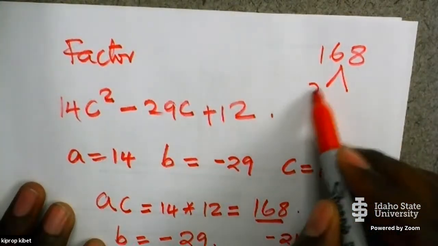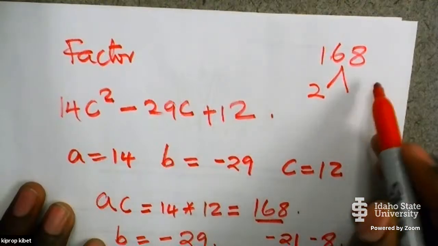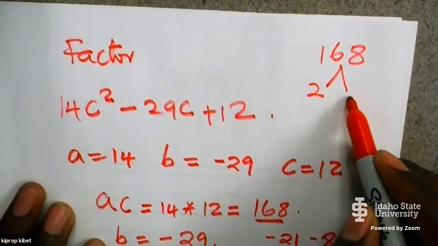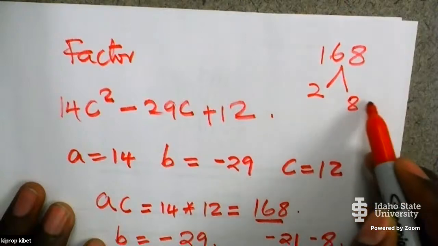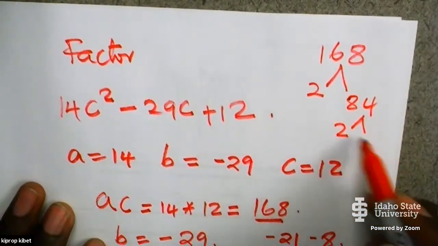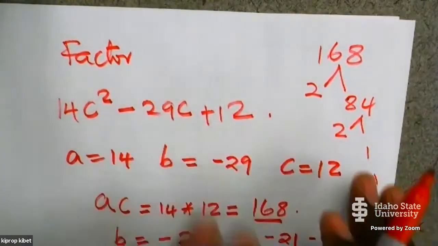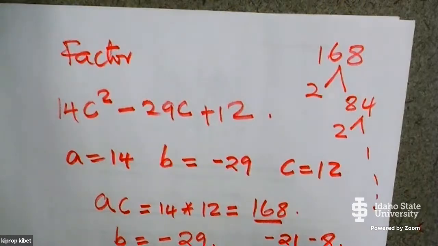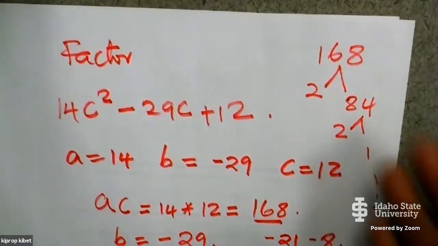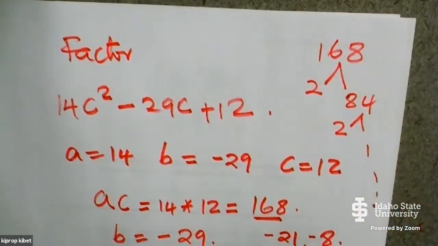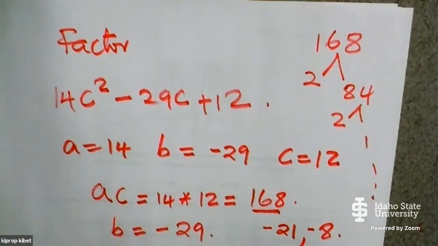So you start by, let's say, 2 times 84, and then you see what numbers you can get from there. I don't know whether this is the right way, but basically you use trial and error to get the two numbers.